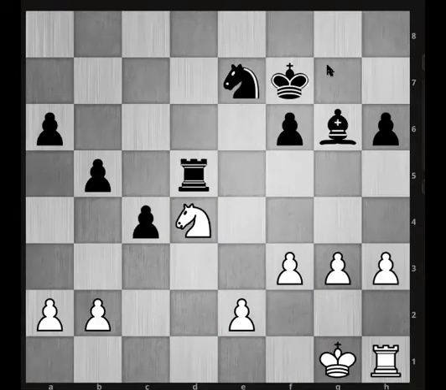Here's another example. As you can see, the white knight is in trouble. It's been attacked by the rook, and there's no support, so the white knight is hanging. Let's evaluate the squares it can move to.